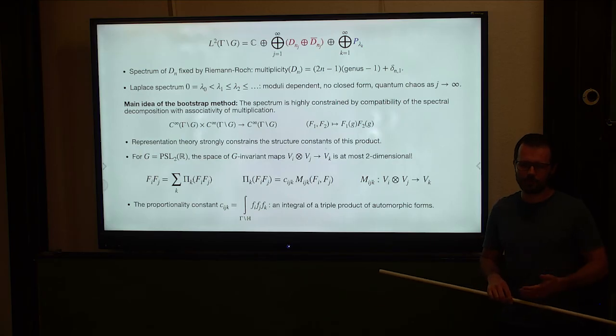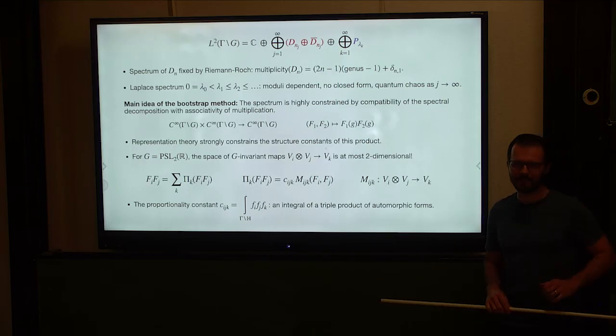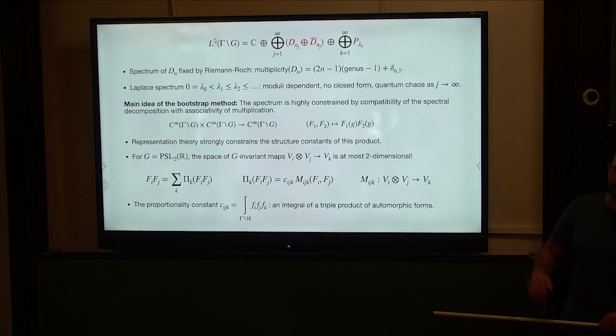Usually this is avoided by going to GL. So if instead of PSL2R you work with PGL2R, then it's one-dimensional. We have heard the statement that the tensor product of two principal series representations doesn't depend on the factors.